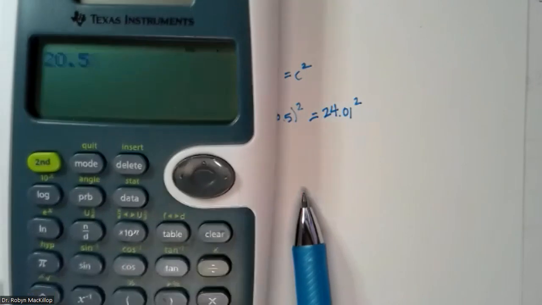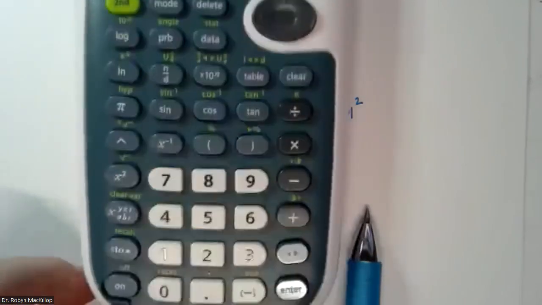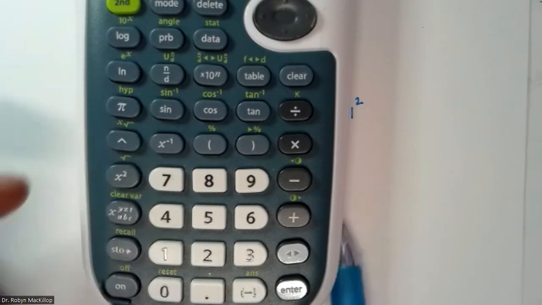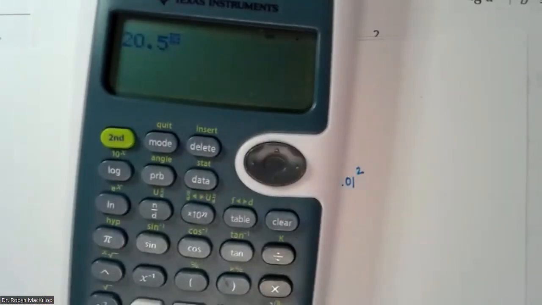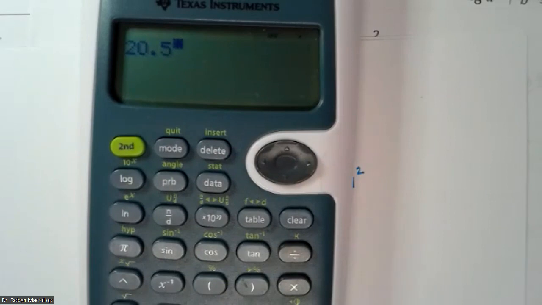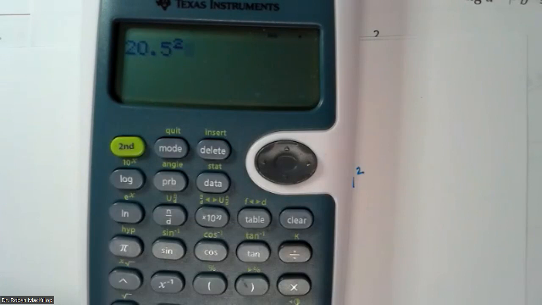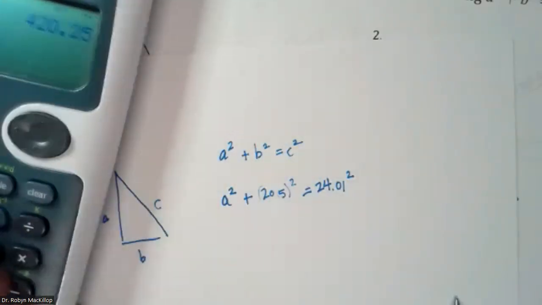So let's do 20.5 squared. Use your little tent button right here, kitty corner from the 7. That's your exponent. See, it puts it right up on top. Hit 2 and then arrow out of exponent mode. That equals 420.25.